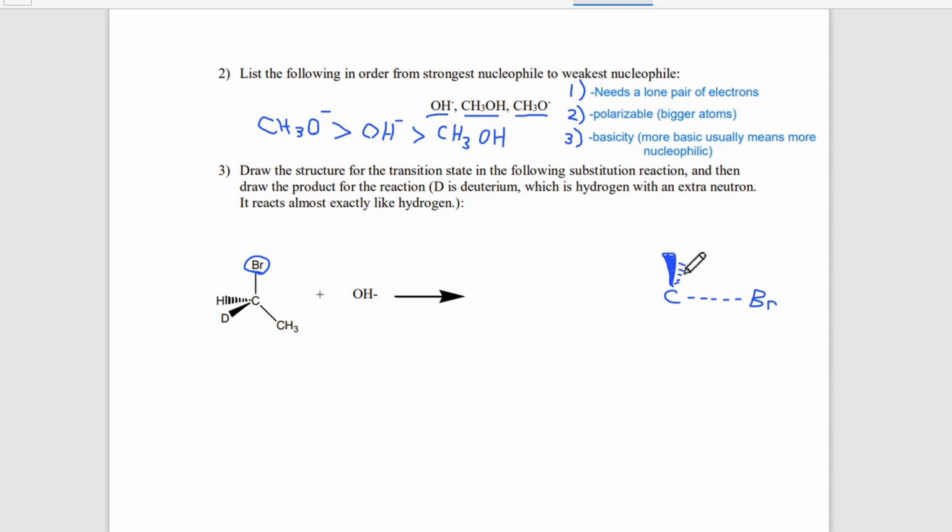It really is up to you. But in this case, I'm going to say 2 groups up, because if I rotate this around such that the bromine is out in the front there, that would put the deuterium up here and the hydrogen here and the CH3 down here.